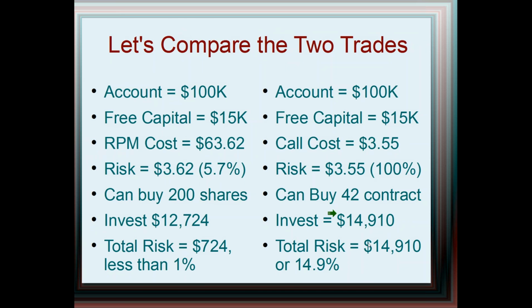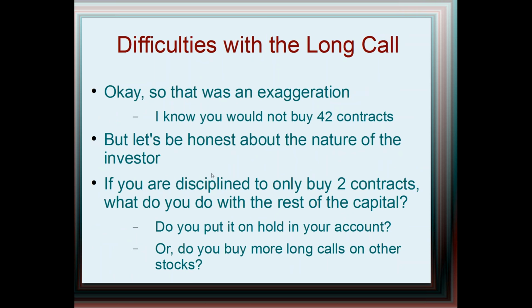Now your risk is $14,910. You could lose all of that, which is 15% of your total portfolio value. These are nowhere near parity trades of one another. This is forcing an ideal size trade on the left. This is running the risk of overtrading.